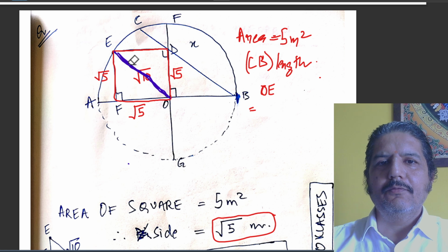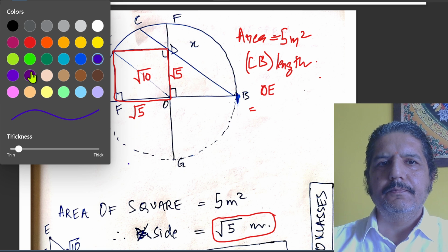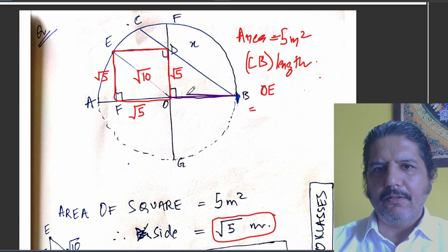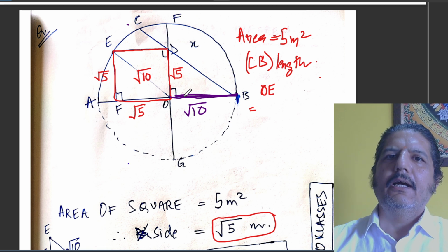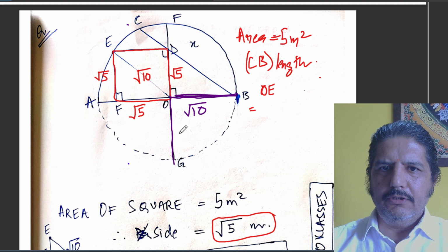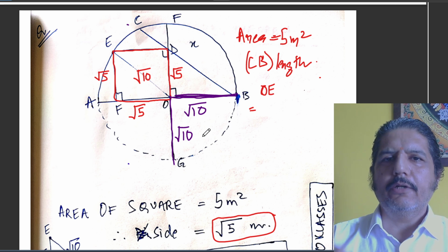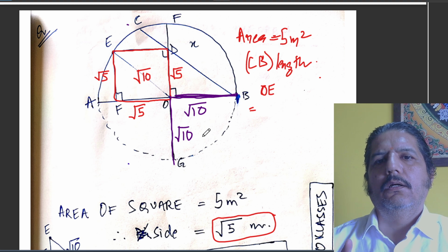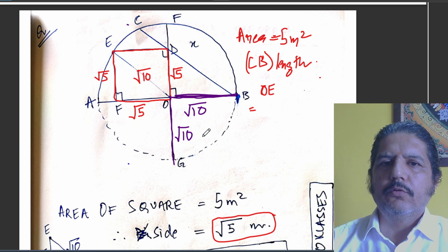So there's a great thing which has happened, because you'll understand now that this one is also root 10, and I have completed the semicircle. This OG would also be root 10. Why do I require OG? You'll understand in a few minutes. But the radius of this circle, the full circle, is root 10.